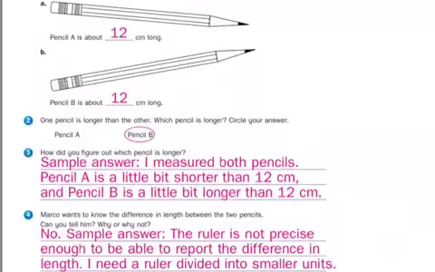And then on question 4, you really can't tell Marco the difference in length between the 2 because the ruler that I had you pick up isn't detailed enough, precise enough in order to be able to find the difference. So you need a ruler that has smaller units. Okay, if that's not what you have written down, fix yours up so that is what you end up having written down.